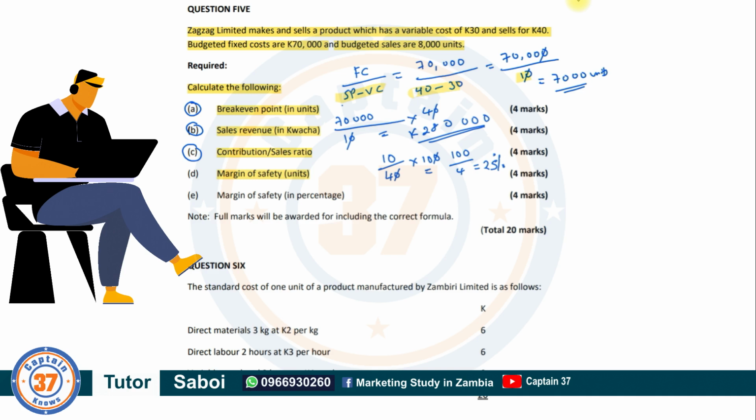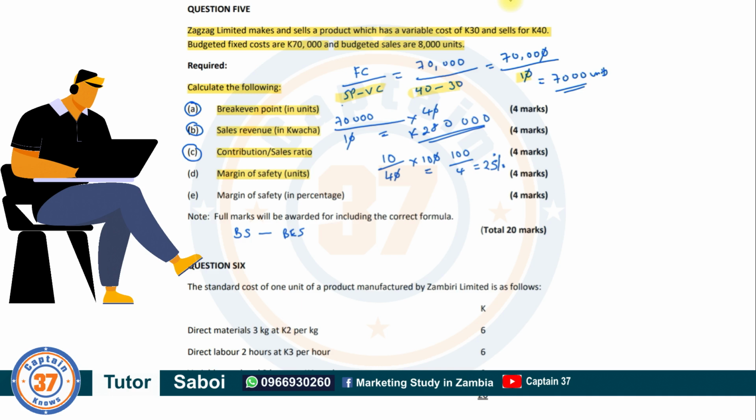So how do we calculate the margin of safety? You need to look at the budgeted sales, and from there you subtract your break-even sales. The number of units that you get is what makes up the margin of safety.